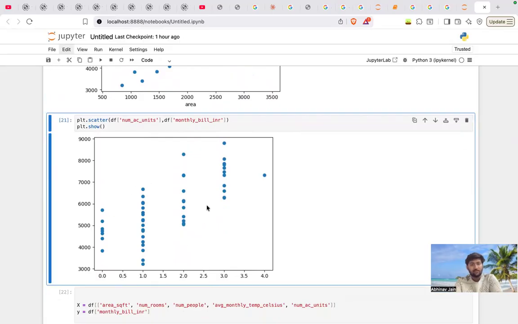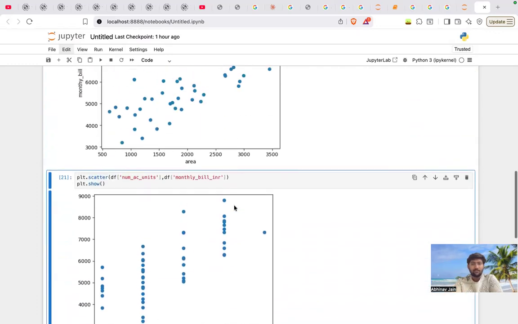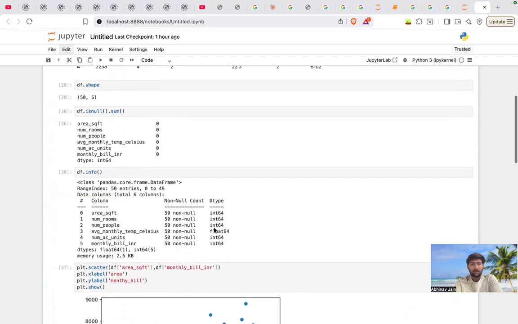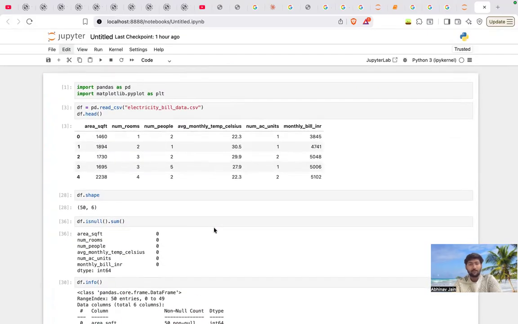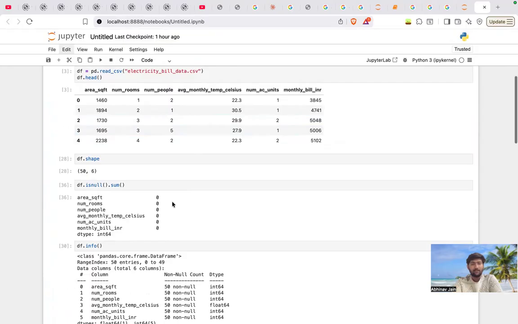When the AC units go up, like to two, the monthly bill resides in this space. And similarly, as the number of AC units increases, your monthly bill increases. So these are the two things which I got from this table.